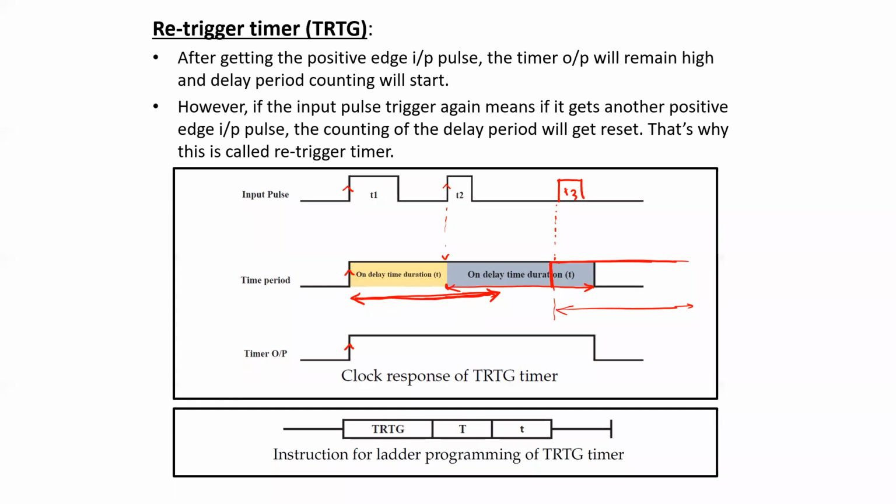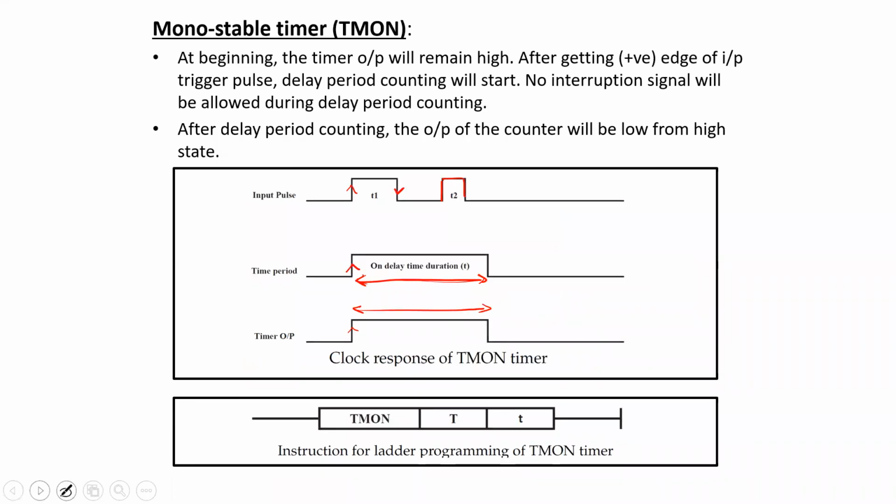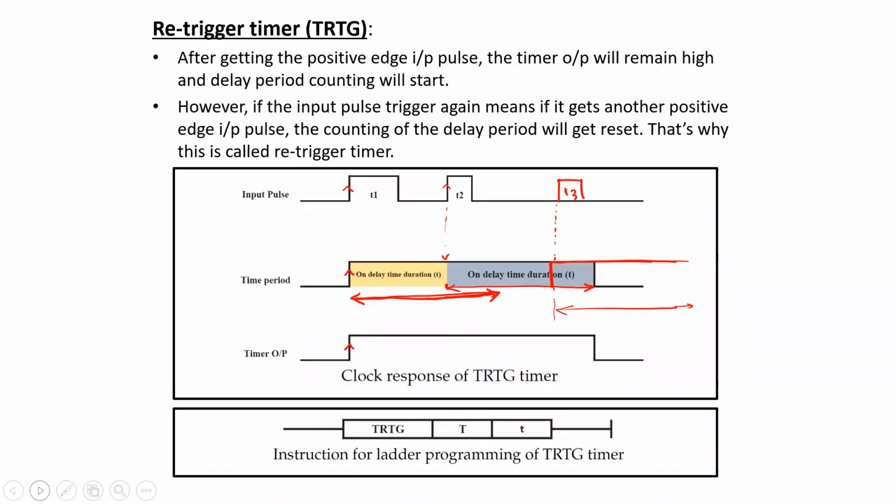Okay, so can you state the difference between the monostable timer and the retriggered timer? Sir, can you repeat the question? In the previous slide, I discussed the operation of the monostable timer, and in this slide, I discussed the operation of the retriggering timer.